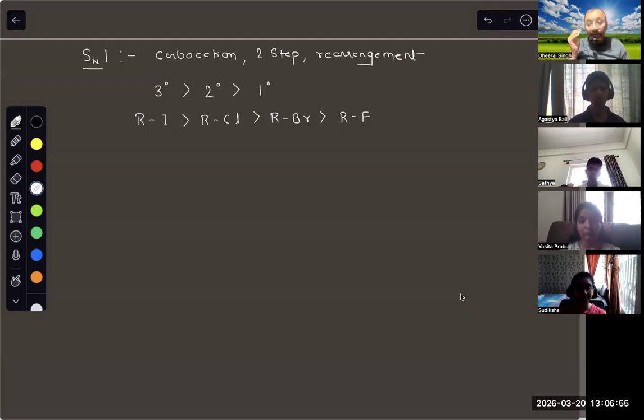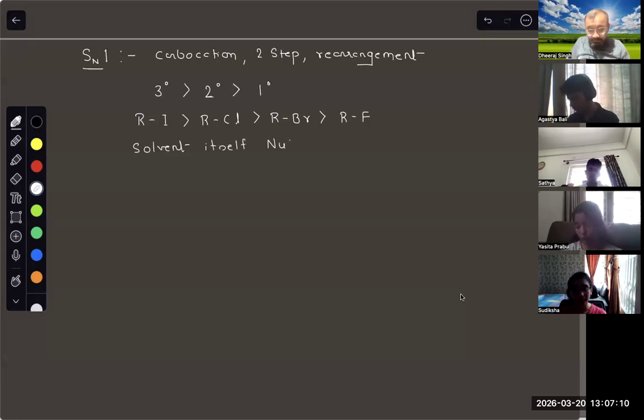What is a typical nucleophile here? The solvent itself is a nucleophile. Typically, the solvent itself is the attacking reagent. So if you dissolve RI into water, what will happen?